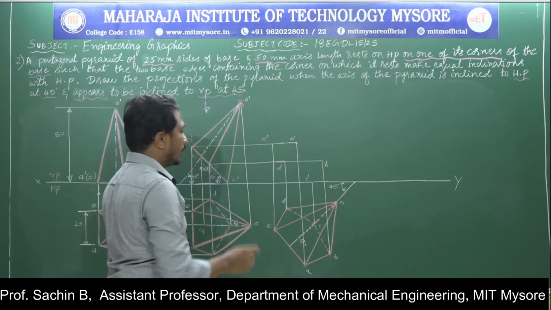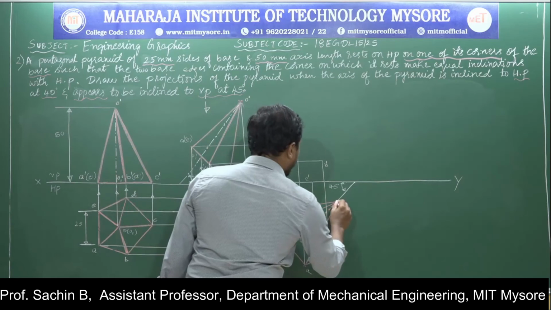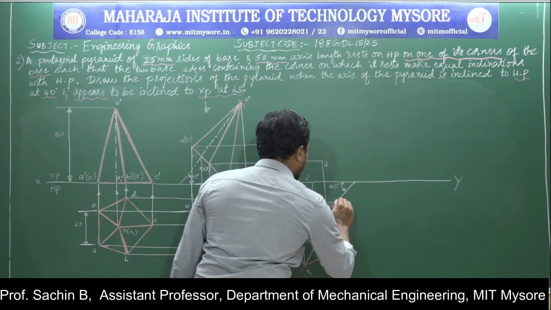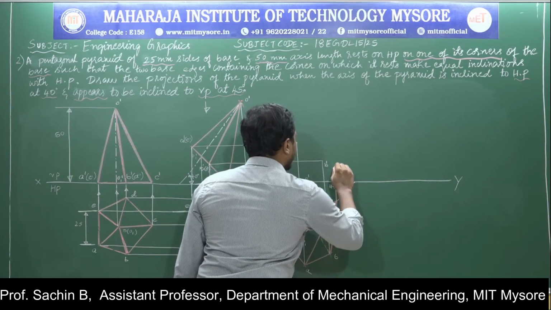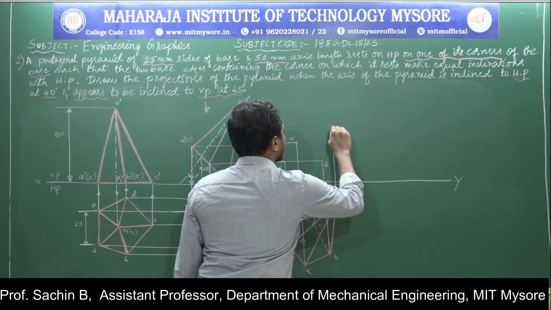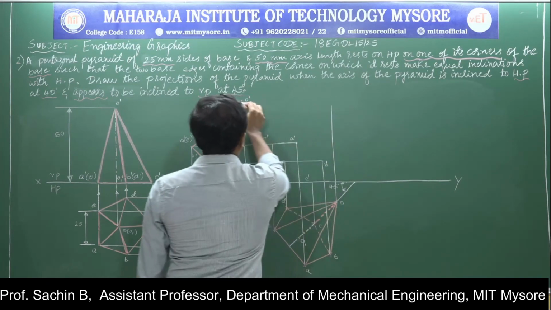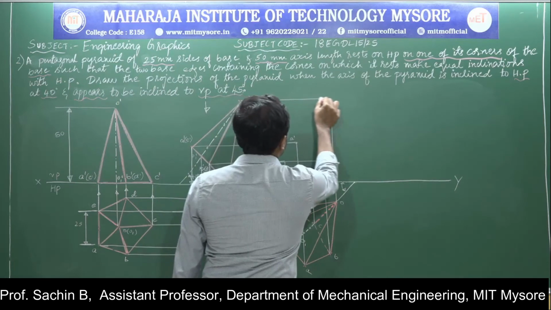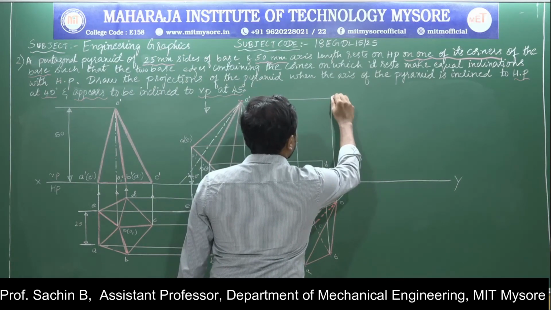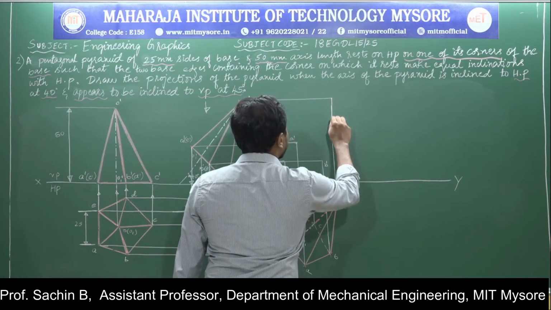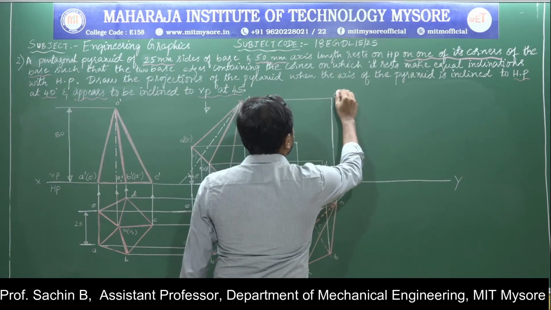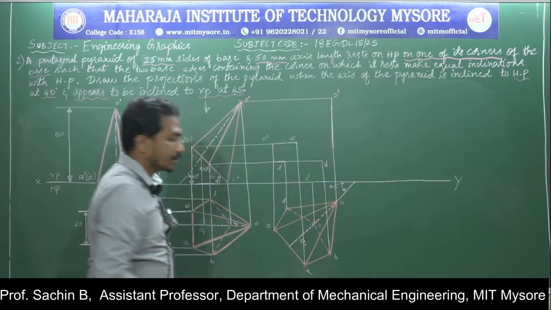Okay, now I have drawn the projection line for the corners. Next one more thing is left, that is for the O point. I am drawing the projection line. This is O dash.